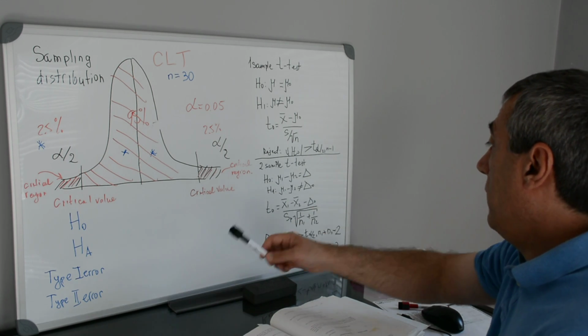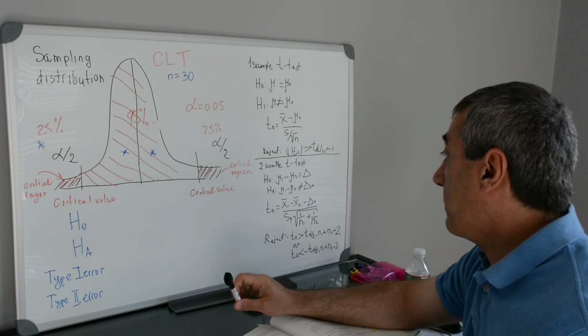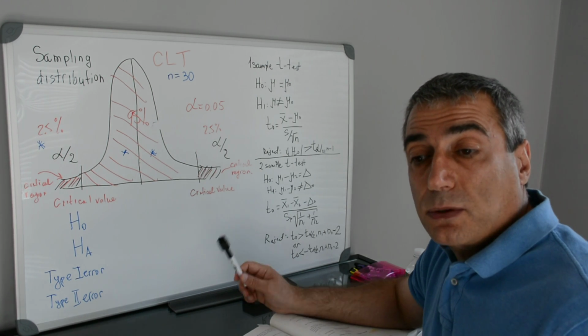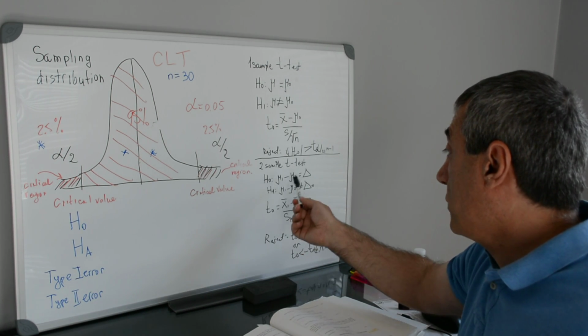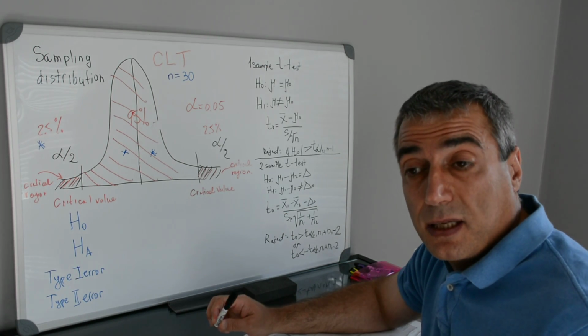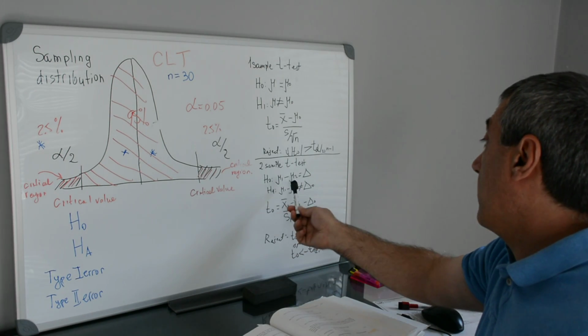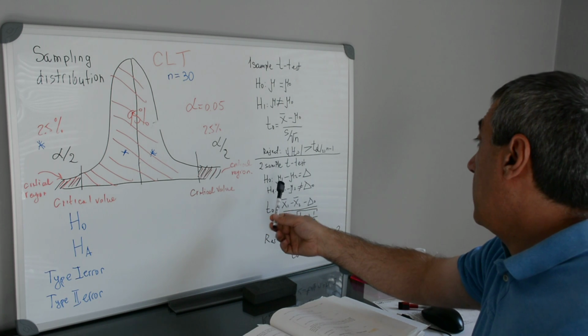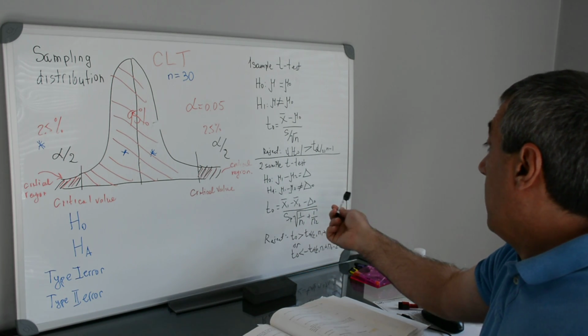Similarly, when we have a hypothesis about parameters of two populations, in this case population means, we use a two sample t-test.